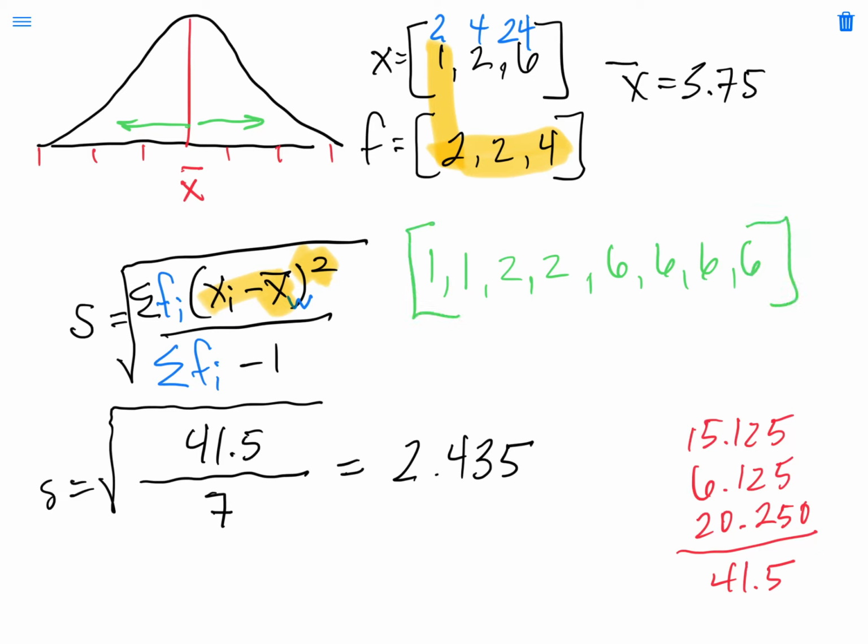If I then calculated the normal standard deviation of these values, I would get this answer. So either way will get you the right answer. Of course, we can weight by things that aren't whole integers, which makes it difficult to use this other method. But that's really all we're doing here. It's really not that complicated.